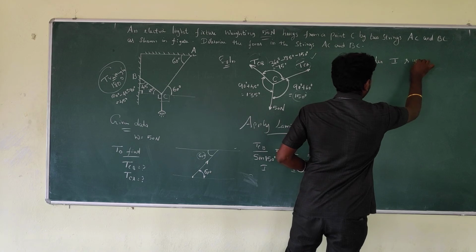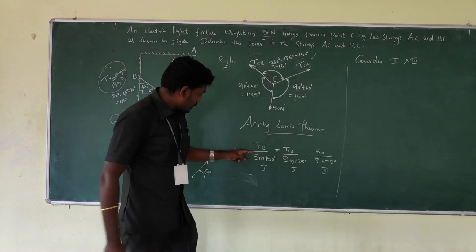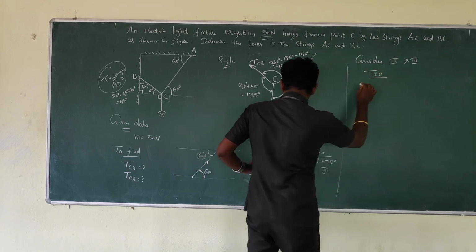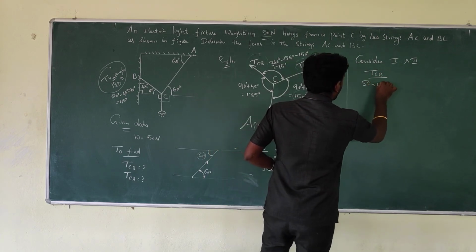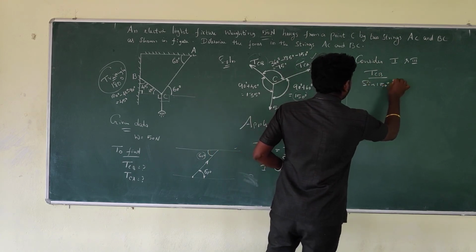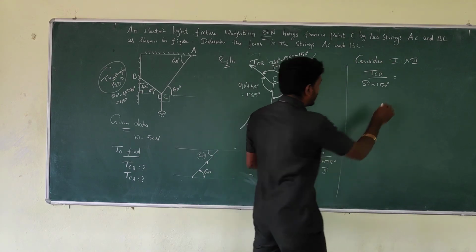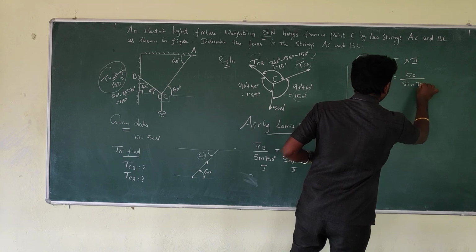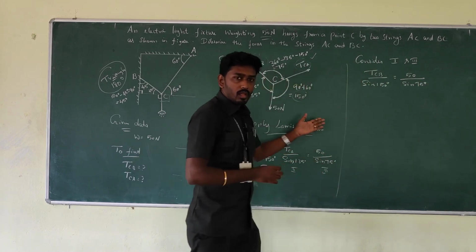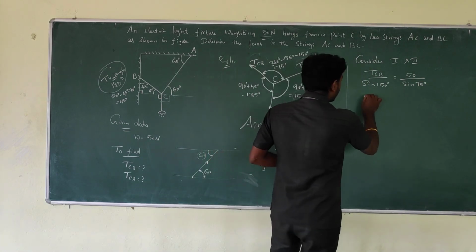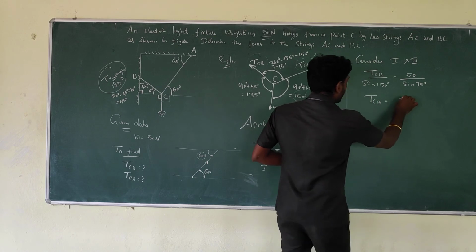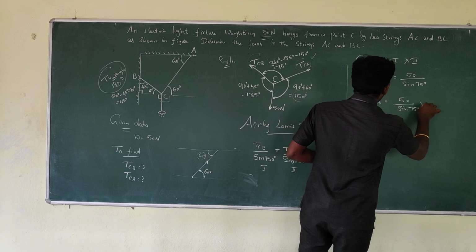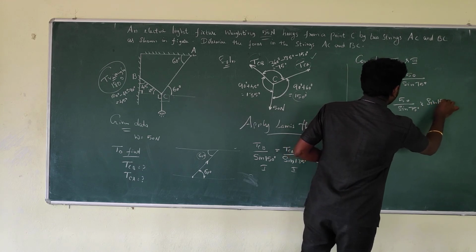If I consider 1 and 3, it will become TCB divided by sine 150 degree is equal to 50 divided by sine 75 degree. Do the cross multiplication, you will get TCB equal to 50 divided by sine 75 degree into sine of 150 degree.